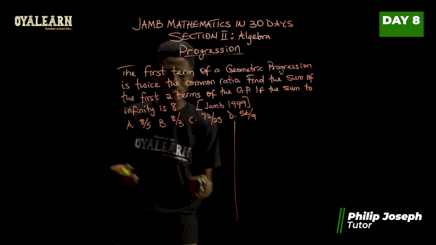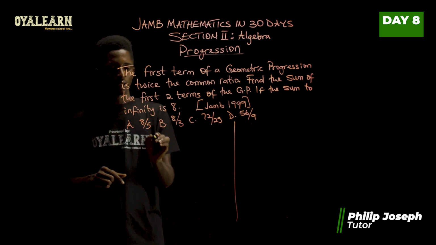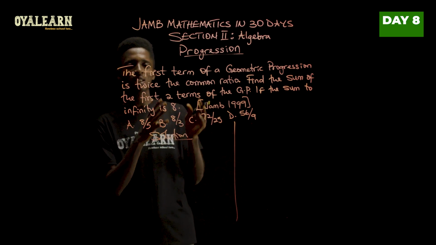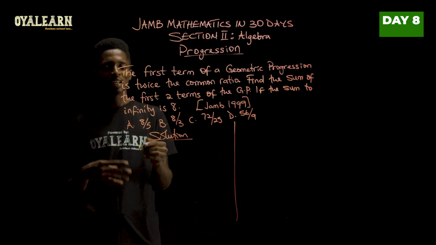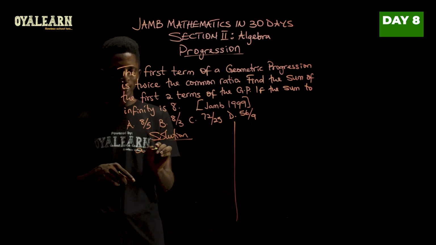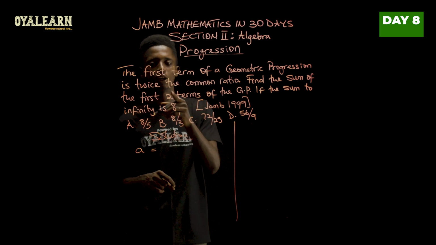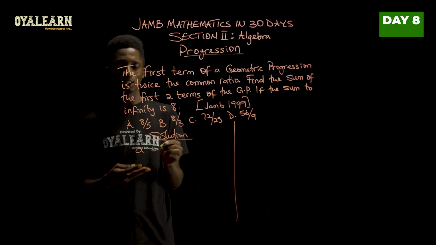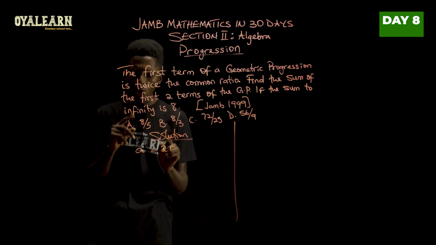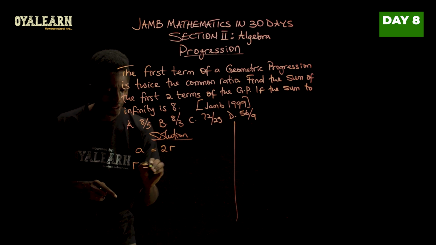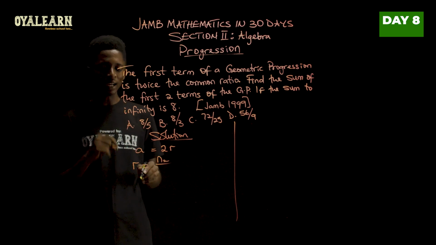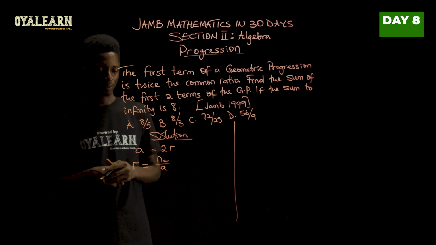Now, in order to solve this, let's establish some facts. When you're working with geometric progression, it has a first term A. And now we are told that the first term A is twice the common ratio. Common ratio is denoted R, so A will be twice of R, right? And we also know that common ratio R is the second term, let's call that N2, over the first term A, right?